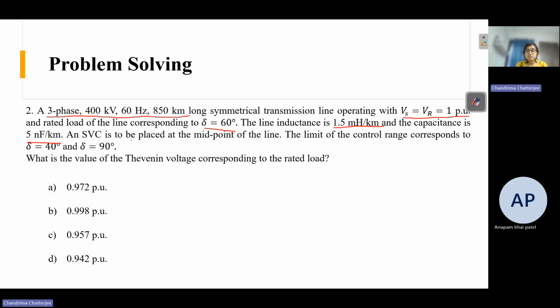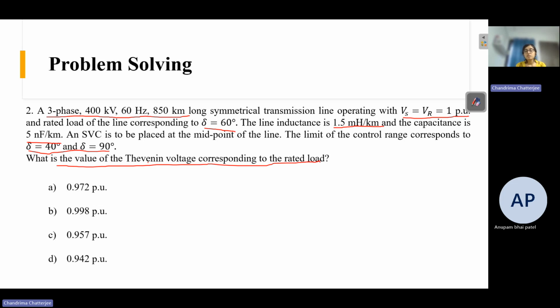And SVC is to be placed at the midpoint of the line. The limit of the control range corresponds to delta equal to 40 degree and delta equal to 90 degree. So in between this range, the system will operate. The minimum is 40 degree, maximum is 90 degree. What is the value of the Thevenin voltage corresponding to the rated load?